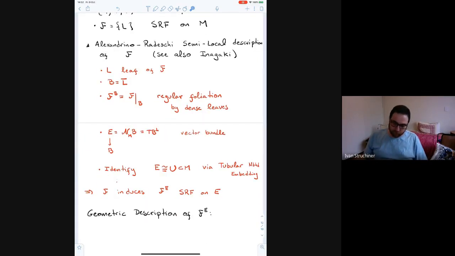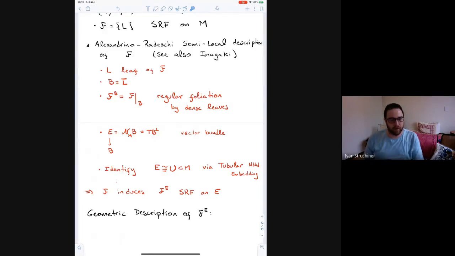Okay, so you fix a leaf of your foliation, and we want to describe the foliation itself on a neighborhood of the closure of the leaf. On the space B, which is the closure of a leaf, you have a regular foliation by dense leaves, just restricting your foliation. You can consider its normal bundle, which is just the orthogonal bundle in this case.